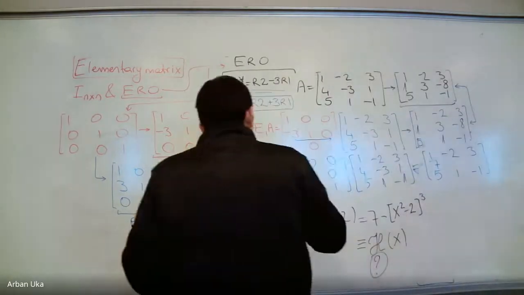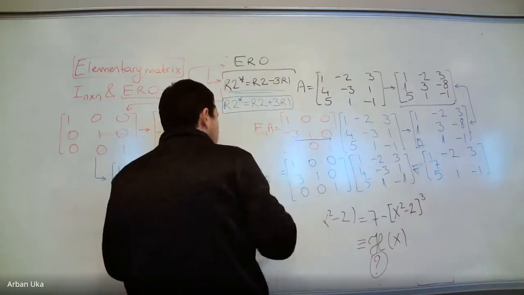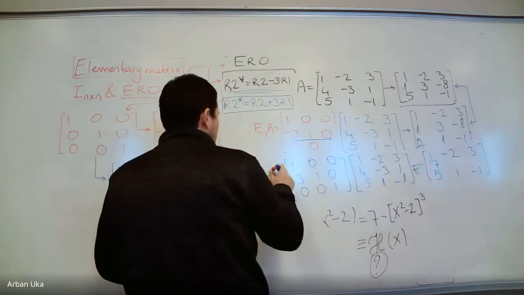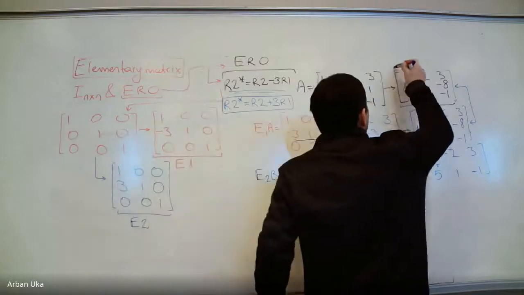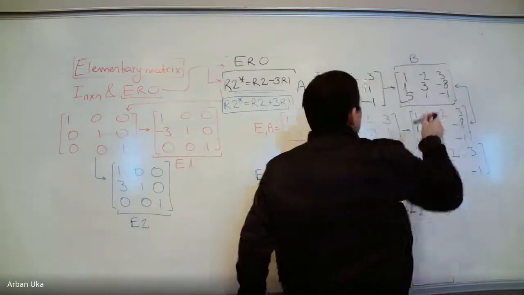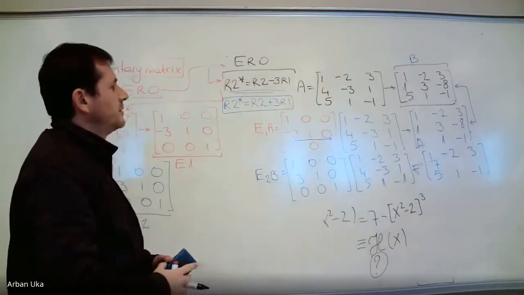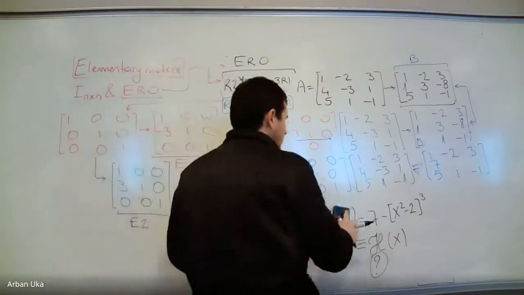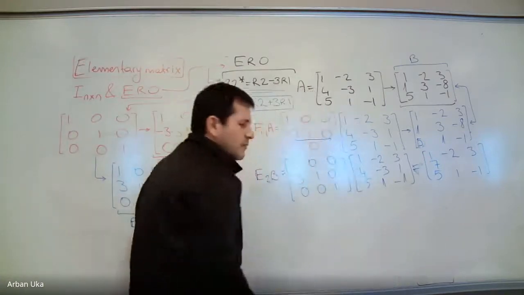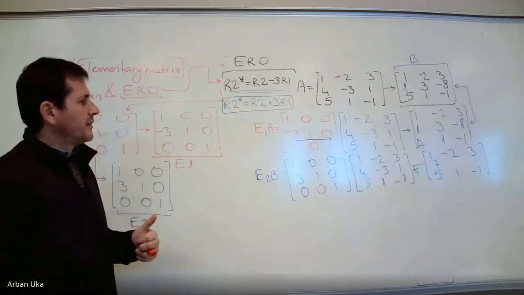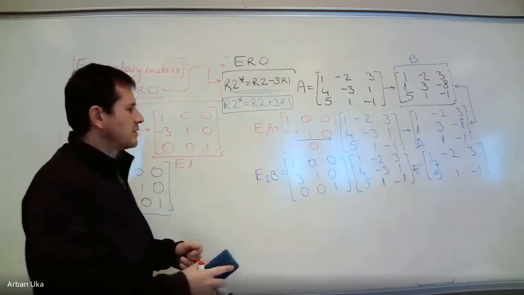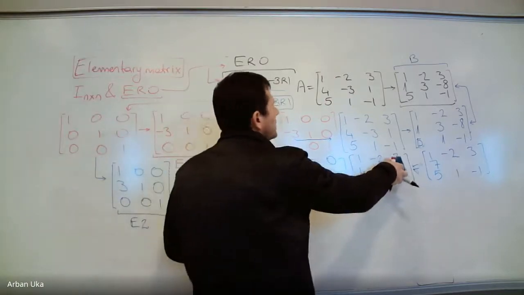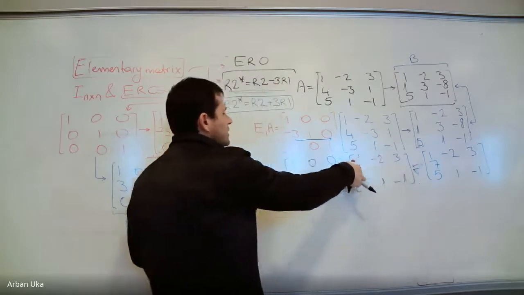Actually, let's do E2 times B. Let's not forget, I forgot on this one, let's multiply this one with the matrix B, not the A. For the moment, applying E2 on A, we'll just find another matrix. So, allow me to change this one, we'll change just this row.